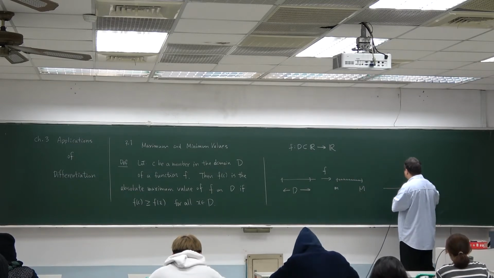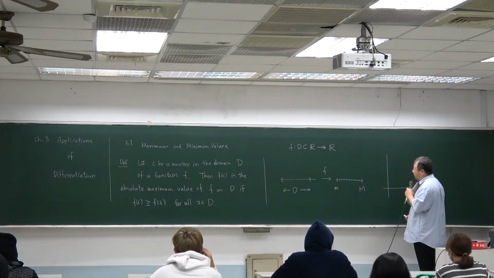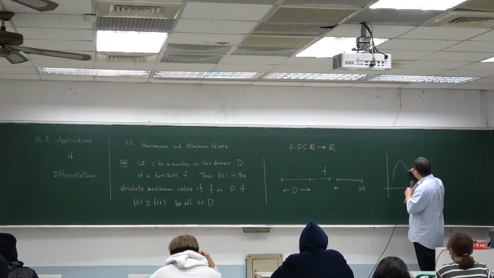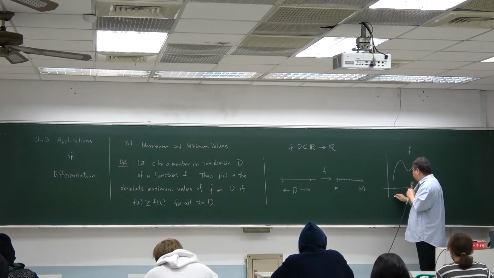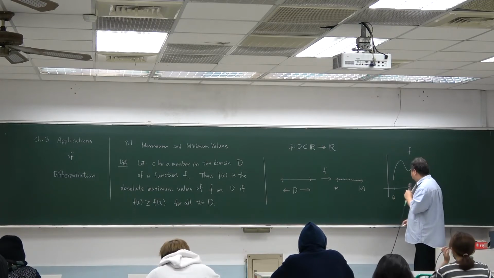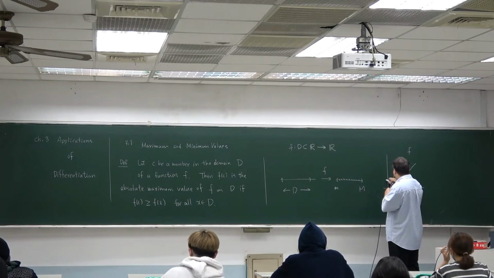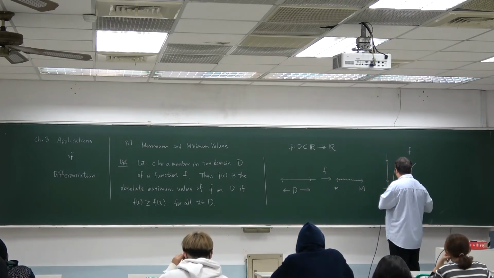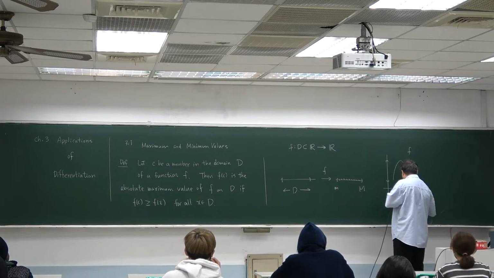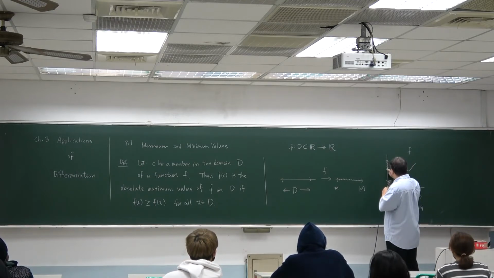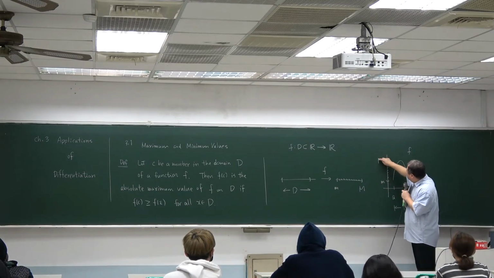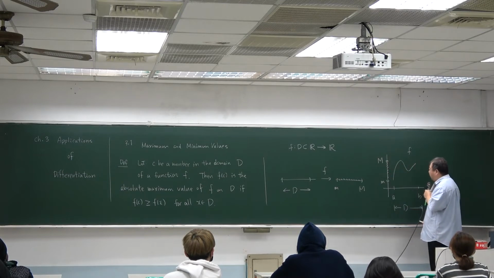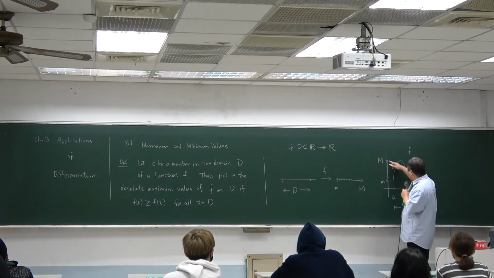Graphically, if we take a look at the graph of the function, maybe this is a closed interval, and the set of all possible values of this function from the set D. So the smallest number in this range is lowercase m, and the largest, greatest one is capital M. Then M is the largest one of all possible values.